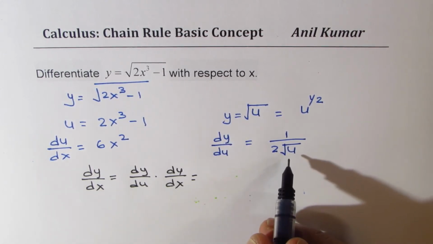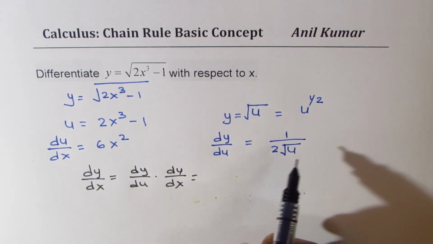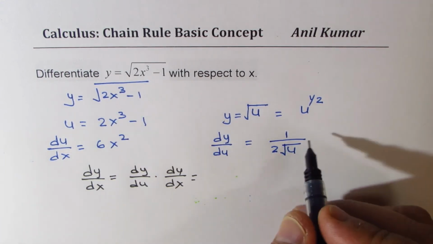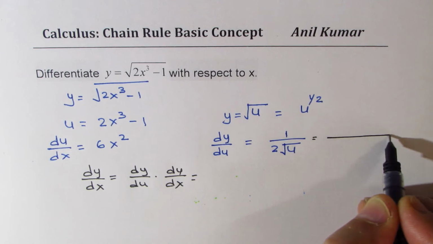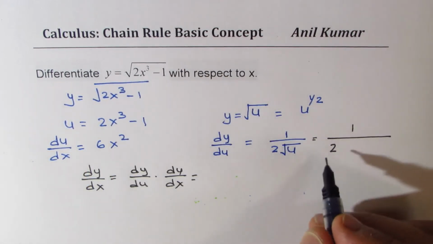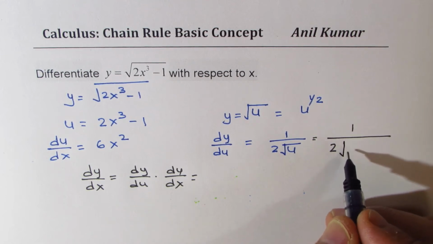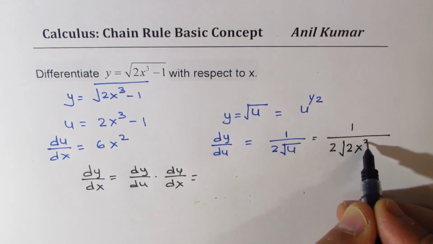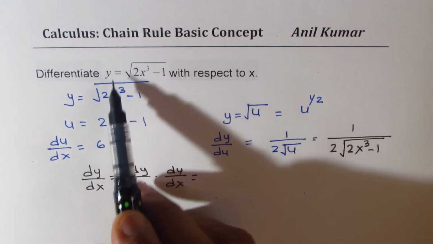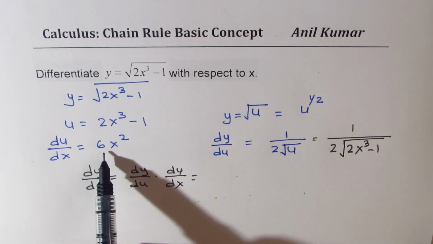Now when you write in this form, it is always a good idea to replace u with the value which it was substituted for. So let me rewrite this as 1 over 2 square root of the whole function. Do you see that? So that is the outside function. Correct? So we wrote the derivative of the outside function times the derivative of the inside function. Do you get an idea?